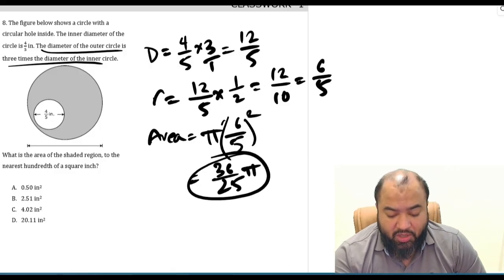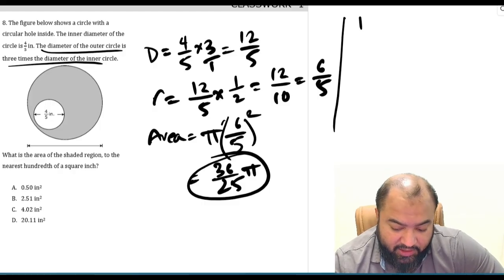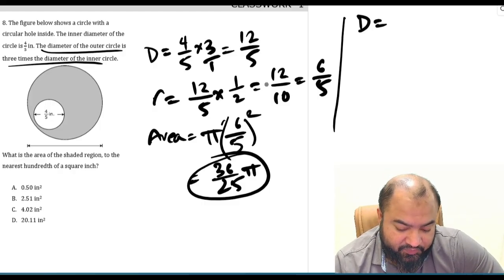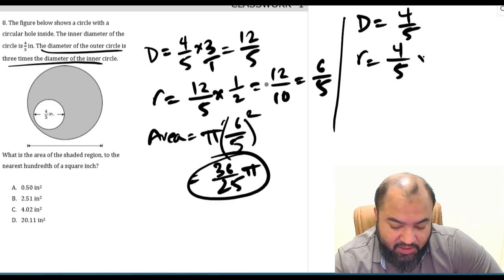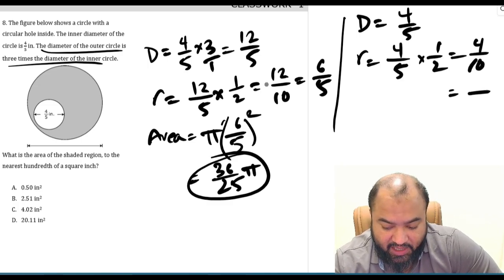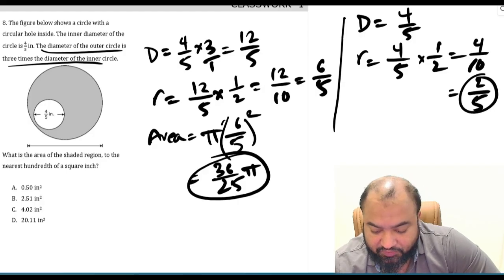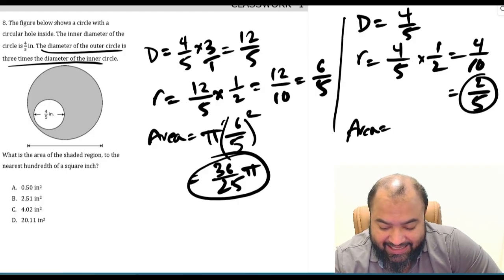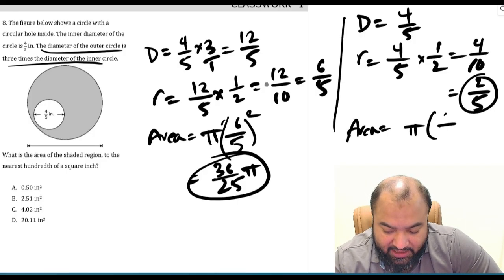Okay, let's go towards the smaller one. The diameter of the smaller circle is 4/5. Radius is times half. So 4/10. We simplify for 2/5. Area is very easy. Put the pi, square the radius.